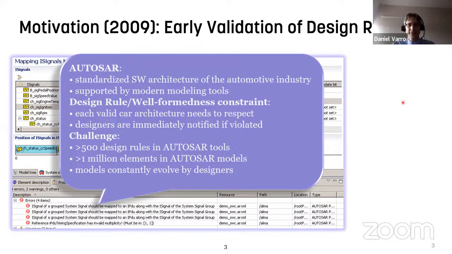And there, the challenge was that AUTOSAR defines some 500 of such design rules. And some of the AUTOSAR models, while they are typed and attributed graph models, may have over 1 million elements. And those models are constantly evolving by the designers.